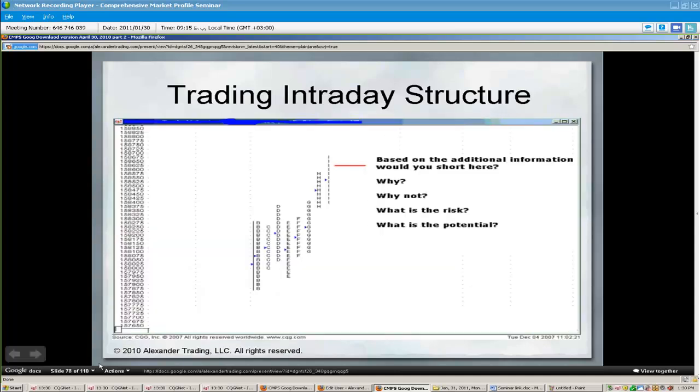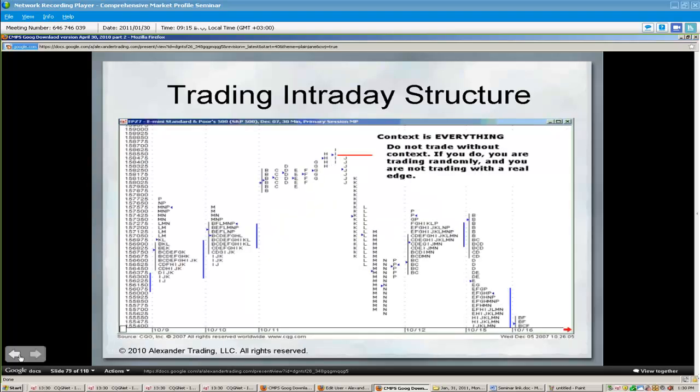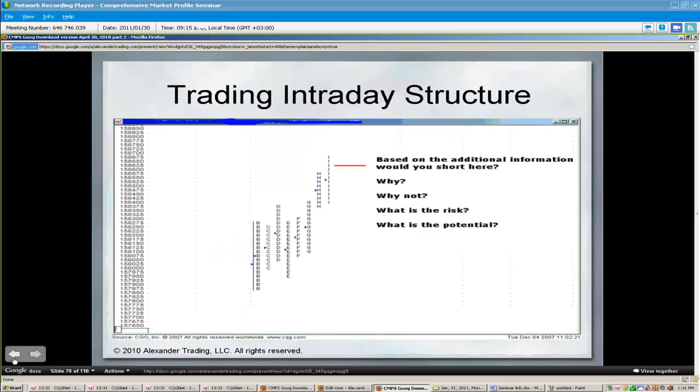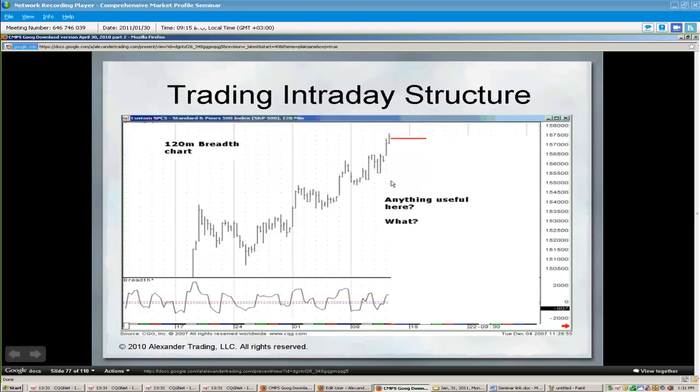Now, it's sort of a trick question, because this is one of those instances where you got the huge payoff because you were at a top of several degrees that could only be confirmed in the wonderful light of hindsight. But there's no way that you would enter a trade on a 120-minute chart based on this.